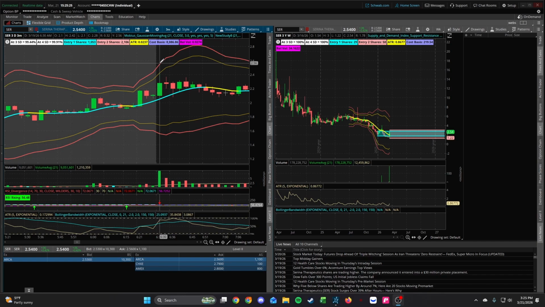So using an ATR or half an ATR and then setting your profit target at one ATR or two ATRs below that is kind of how you can manage your risk while also not getting stopped out.